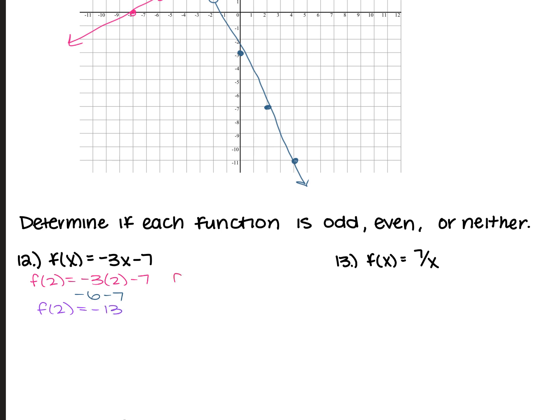We're also going to find f of negative 2. So that's going to be negative 3 times negative 2 minus 7. That gives us 6 minus 7, which is negative 1. So f of negative 2 is negative 1. f of positive 2 is negative 13. Yes, these have the same signs, but they are totally different numbers. So this one is neither.